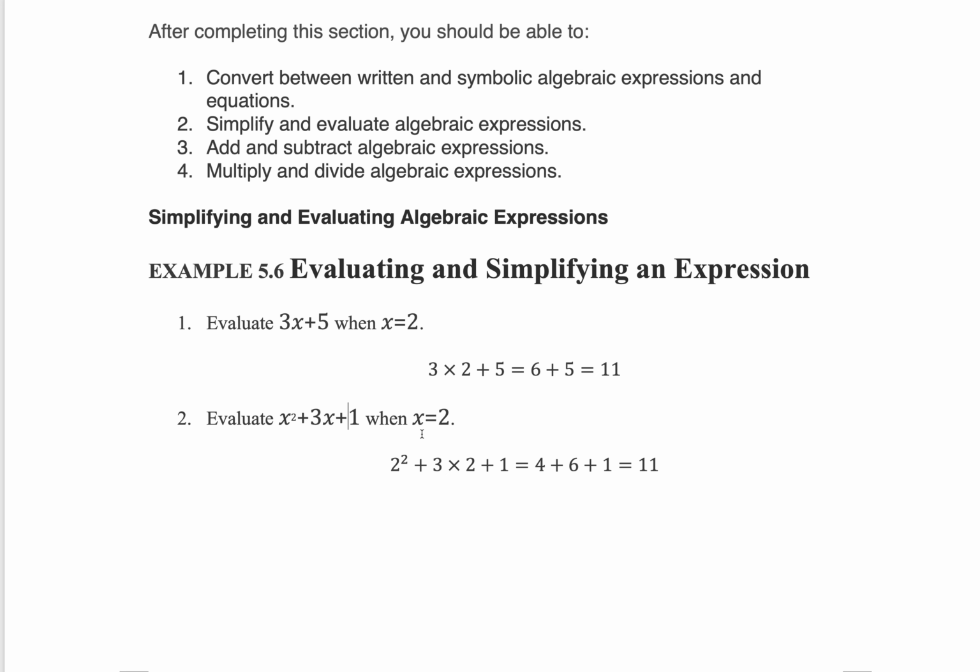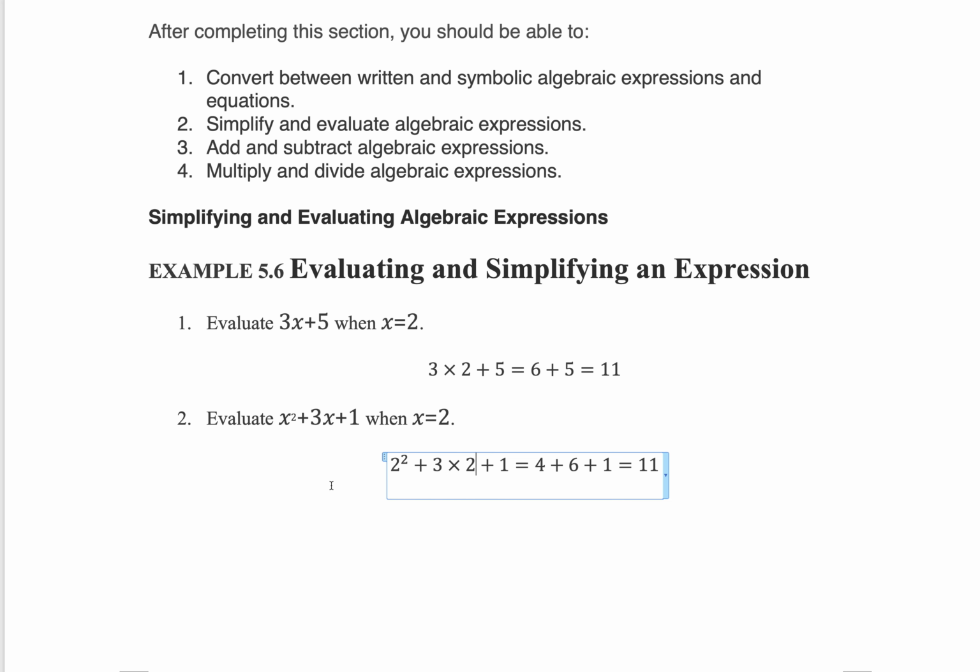Pretty much you do the same thing. You simply replace each occurrence of x with number 2, and clearly there are 2 occurrences of x, so you plug in 2 twice for x and do the actual evaluation. And this is the number I calculated. I think it should be all right.